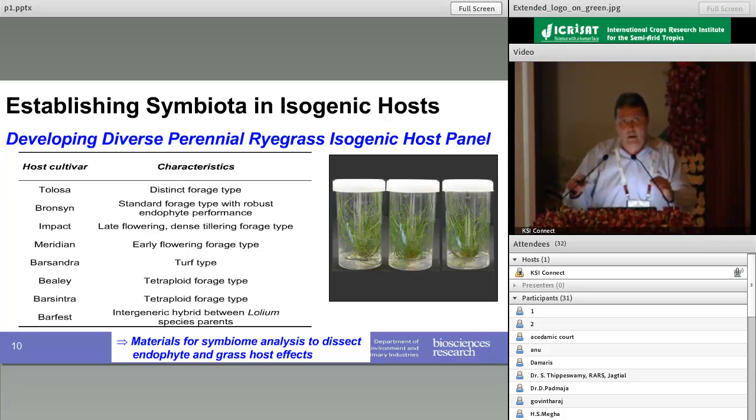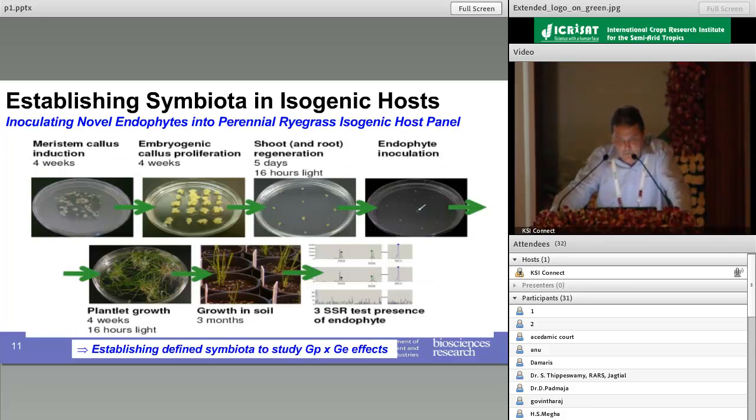So this is a very powerful research material for doing a comprehensive symbiome analysis, and in that manner being able to dissect the effects of the genotype of the endophyte times the genotype of the plant.